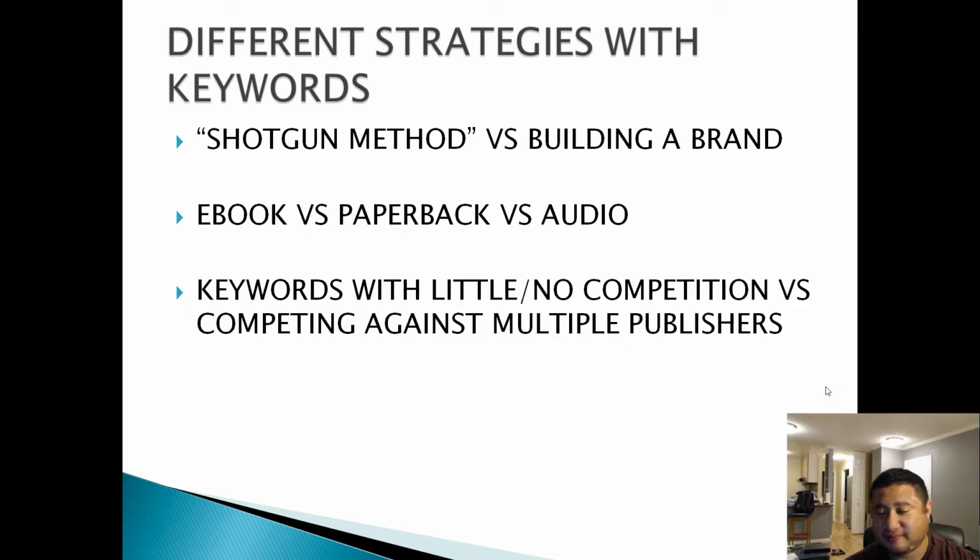You're not focused on building a brand. You're focused on capitalizing on short-term fads that can make you money very successfully in the short term. And with that, things kind of just go sporadic.